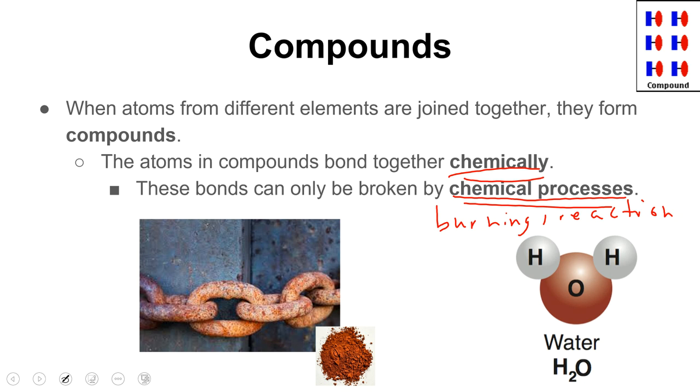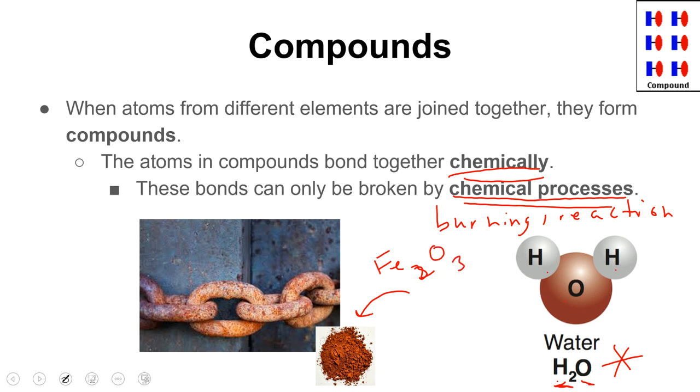Some examples of compounds: you may be familiar with water, H2O. That is a compound because we have two hydrogens and we have one oxygen. As you can see by this diagram, 1, 2, 3. There's three atoms bound together, making it a compound. Another one you may be familiar with is right here. This is rust, also known as iron oxide, Fe2O3.